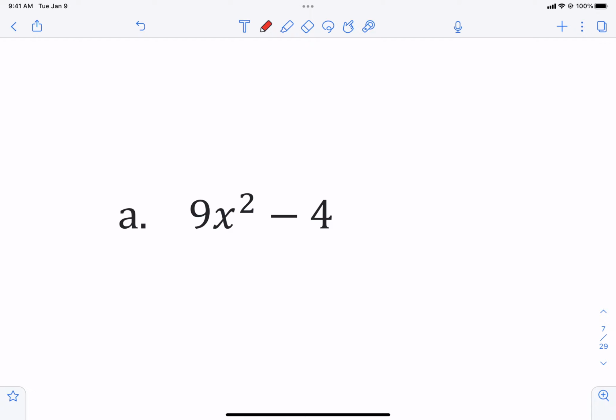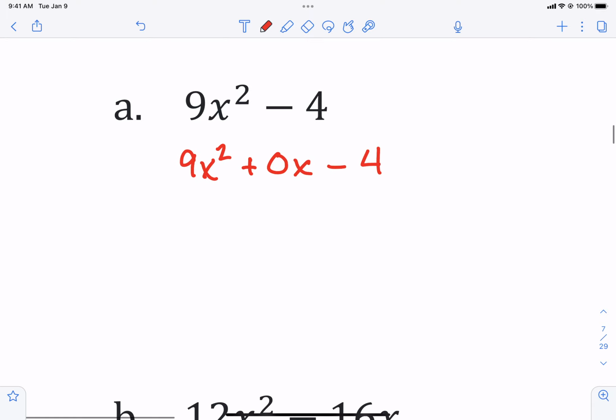So in this situation, in order to deal with this problem, what we could do is come over here and add in a 0x in the middle, just like so, right? Since we didn't have any, that's why we used the 0. And at that point, that actually fixes our problem for this problem. So coming over here, we would make our x again.